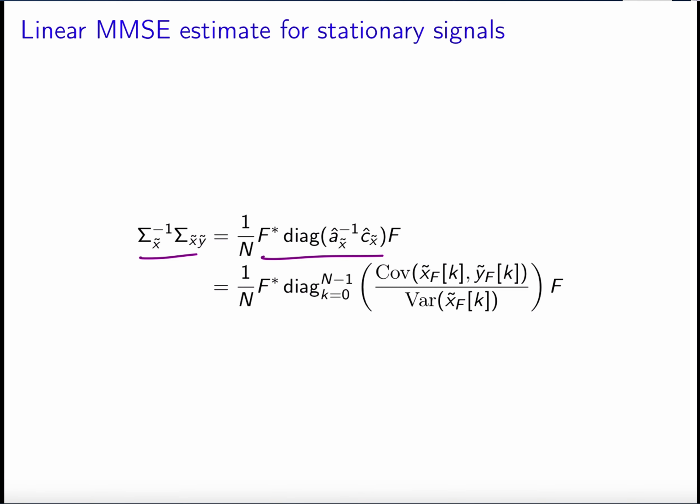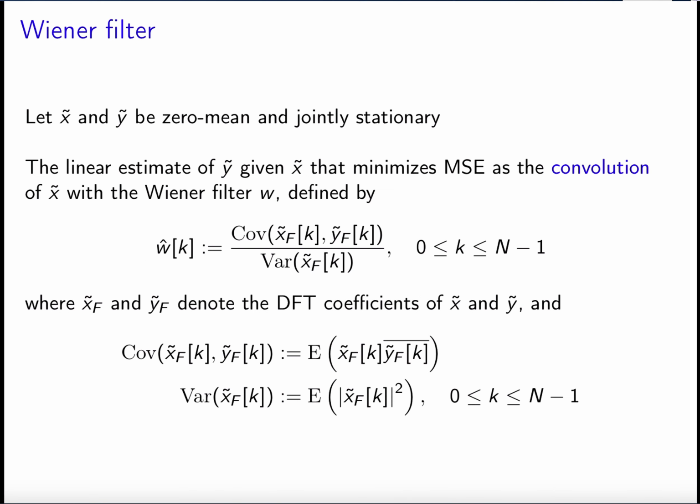You just take the covariance between the corresponding DFT coefficients of the signal and the measurements, and you divide by the variance of the measurement. This is essentially like taking each DFT coefficient of the signal and estimating it separately.